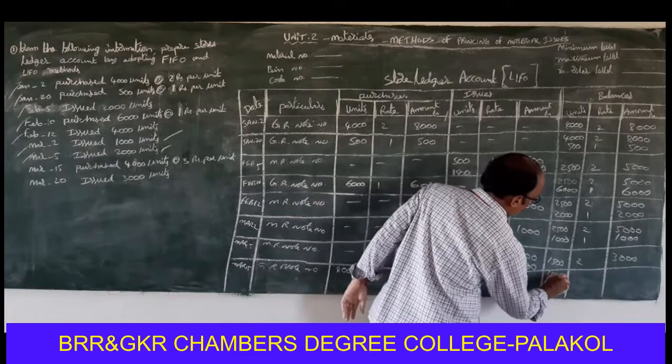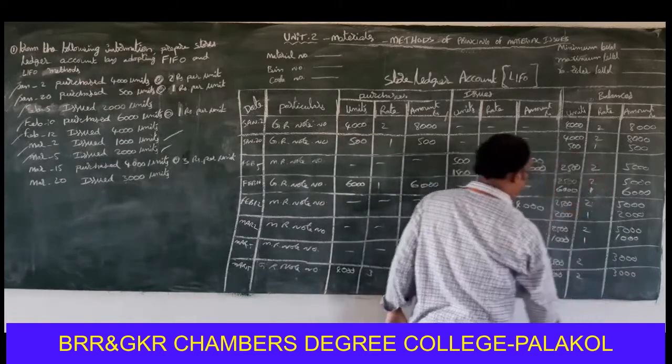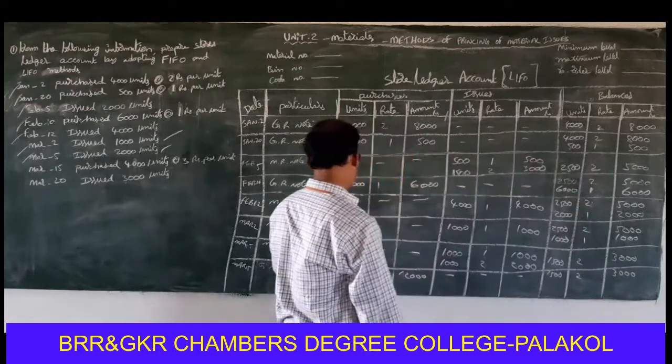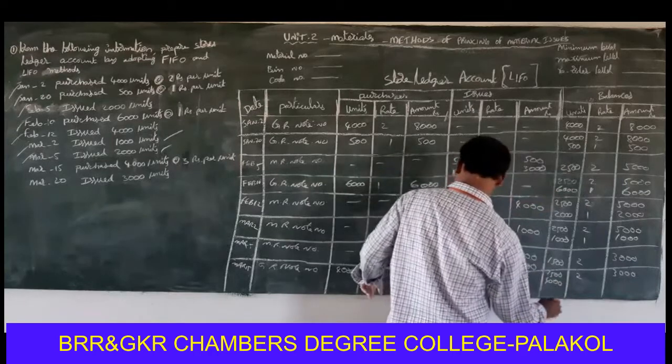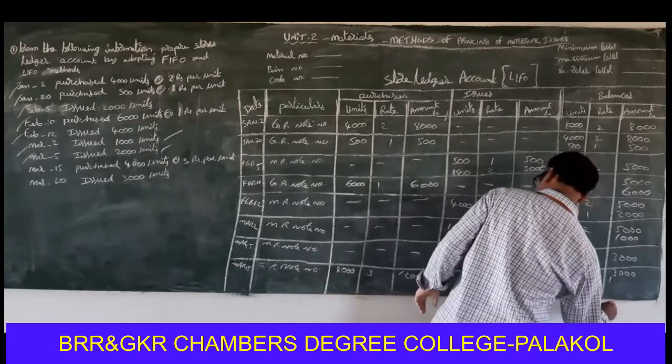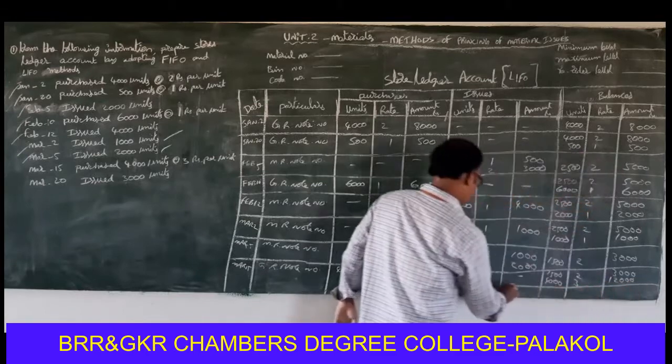So 1,500 and 3,000 units are available already as old stock. New stock we purchased 4,000 units at the rate of 3 rupees, 12,000 rupees.